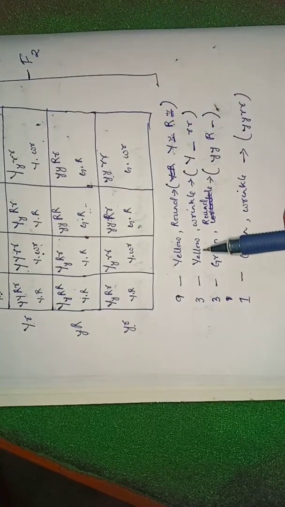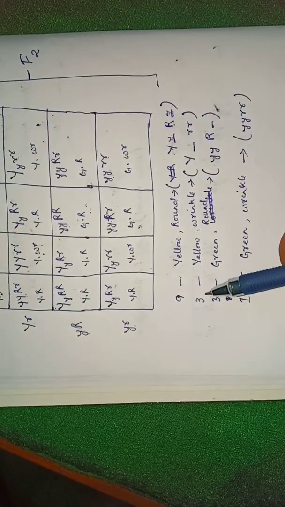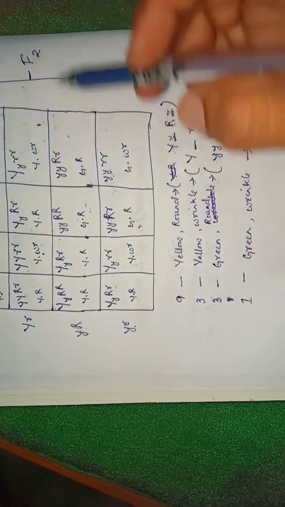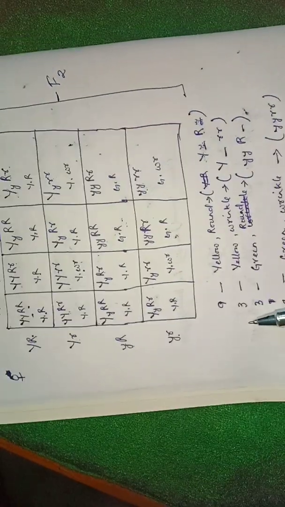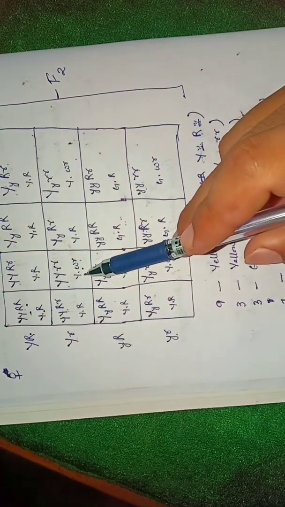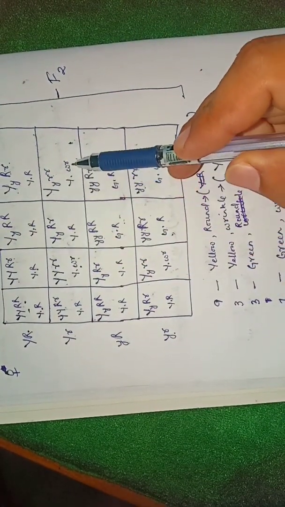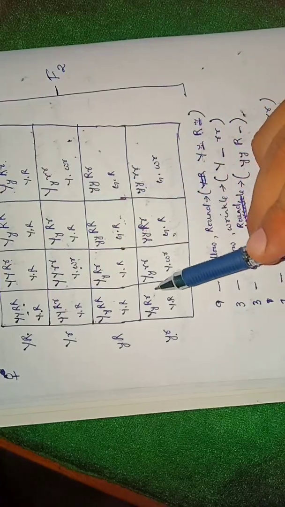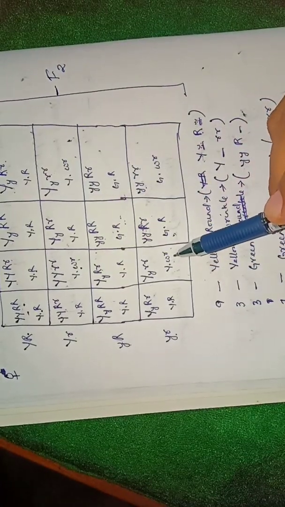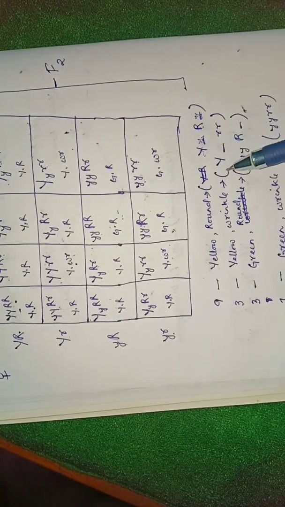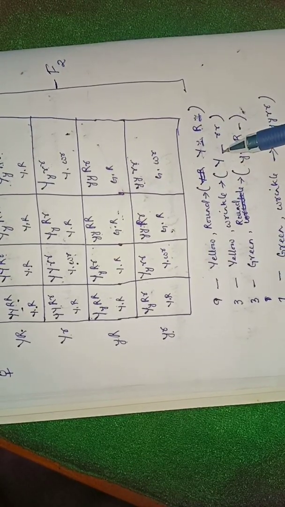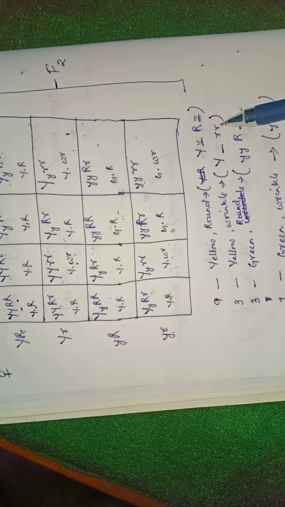The second one is yellow wrinkle. There are 3 yellow wrinkle: yellow wrinkle 1, yellow wrinkle 2, and yellow wrinkle 3. Yellow wrinkle has the allele of capital Y, which may be capital or small, and small r.